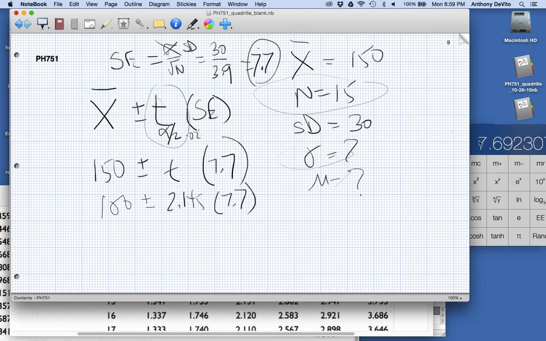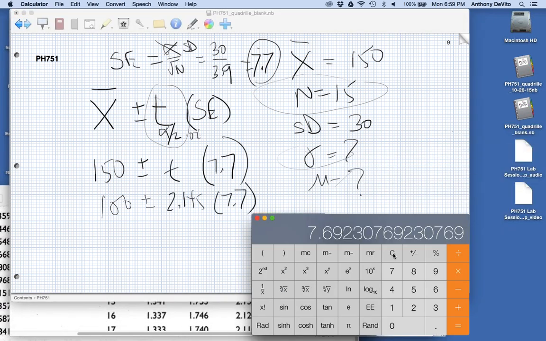So our margin of error is going to be 2.145 times 7.7 is equal to 16.51. And I'm going to put that into my memory and clear it. So I take 150 minus my margin of error, minus 16.5, and that's equal to 133.5.